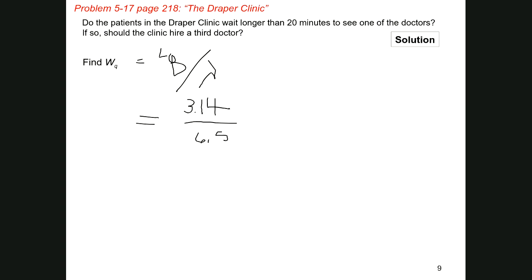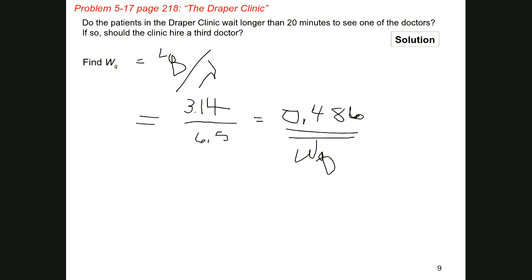So W sub Q is 0.486. And again, at this point, you should ask yourself, what is this term? Well, this term is W sub Q, which is what we wanted to answer the question, but what are the units?